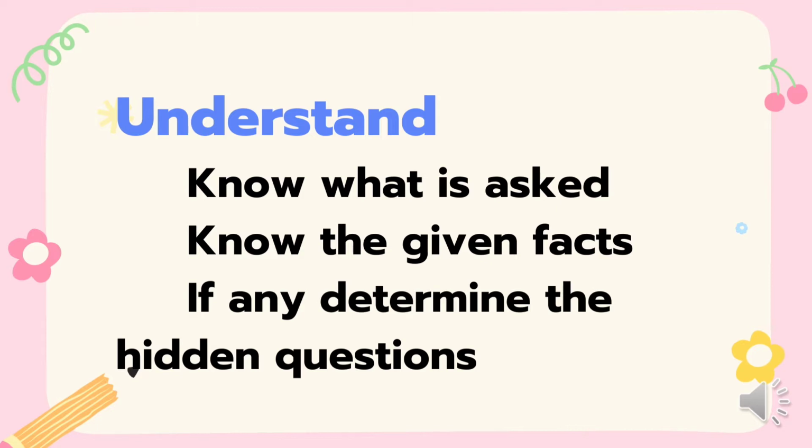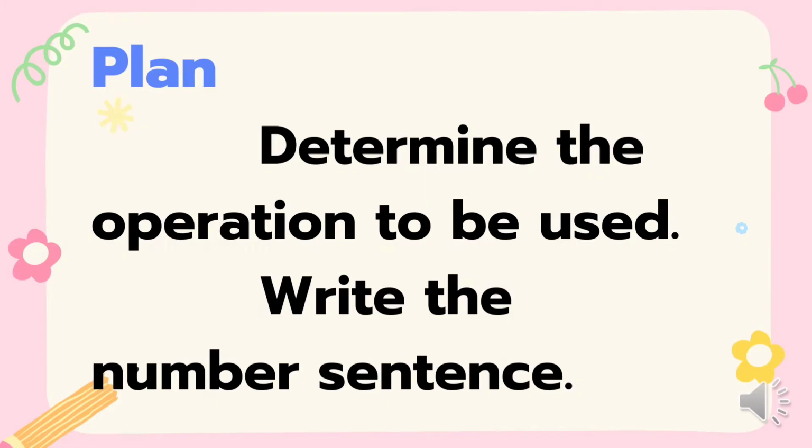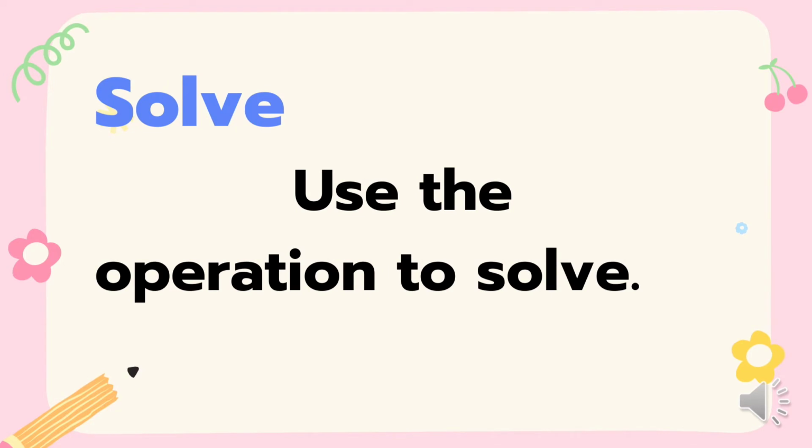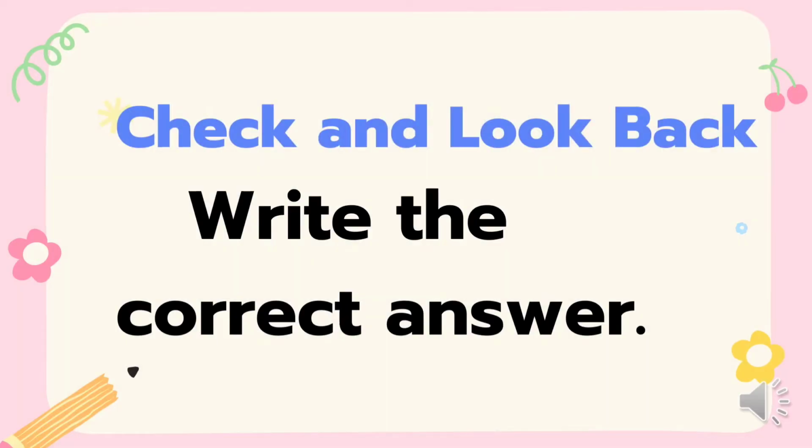If any, determine the hidden questions. Next is to plan. Determine the operation to be used, and then write the number sentence. Step 3 is to solve. Use the operation to solve. Step 4 is to check and look back. Write the correct answer.